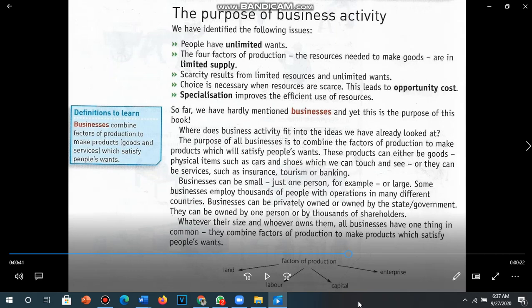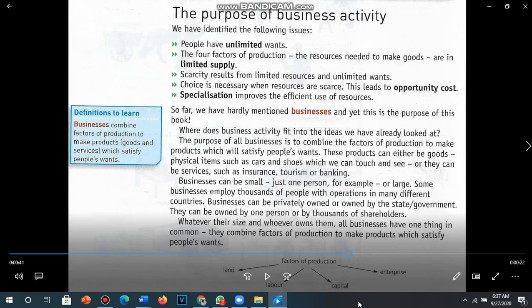Now, the purpose of businesses is to combine the factors of production to make products which will satisfy people's wants. So we combine land, labor, capital, and enterprise. These products can either be goods, physical items such as cars and shoes, which we can touch and see, or they can be services such as insurance, tourism, and banking.